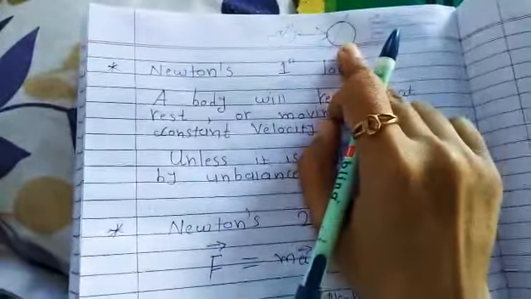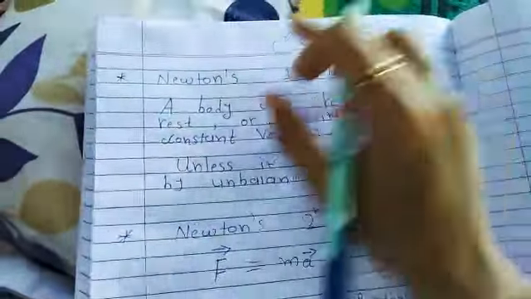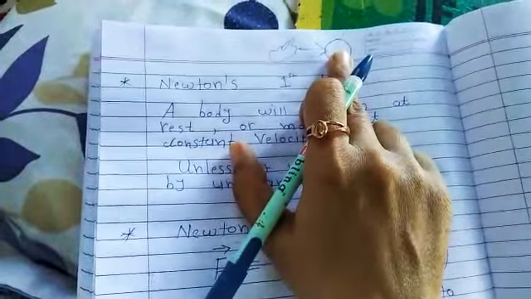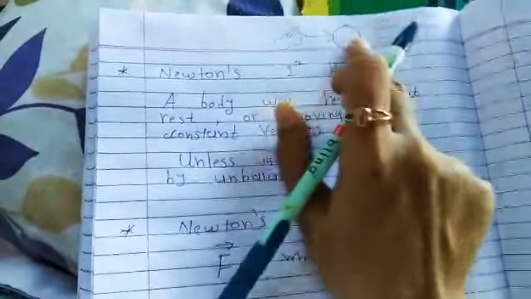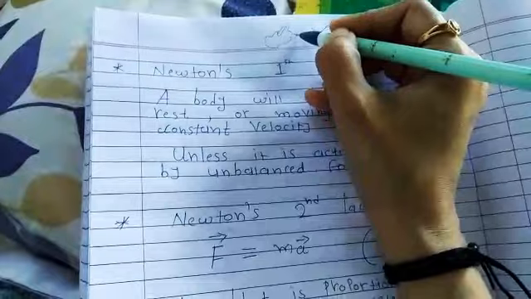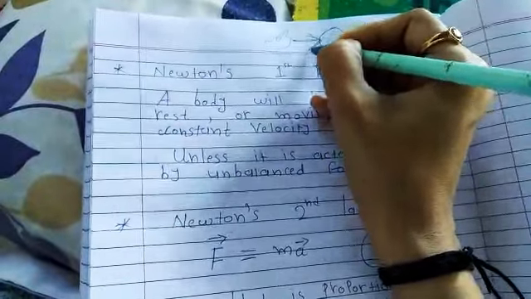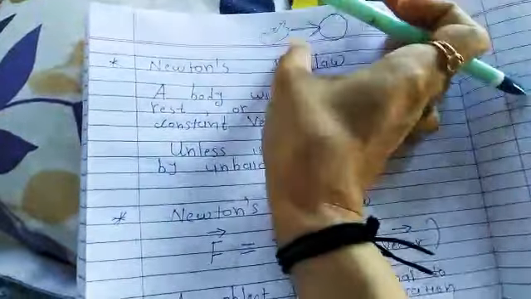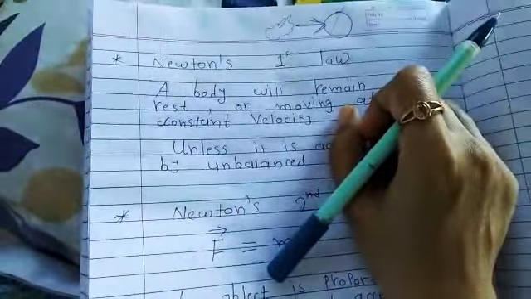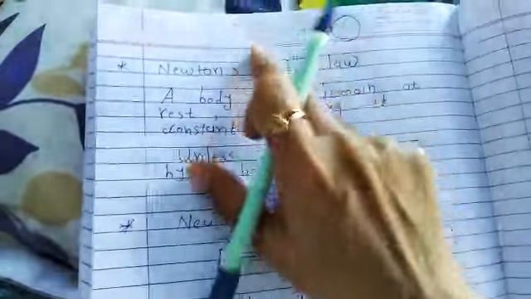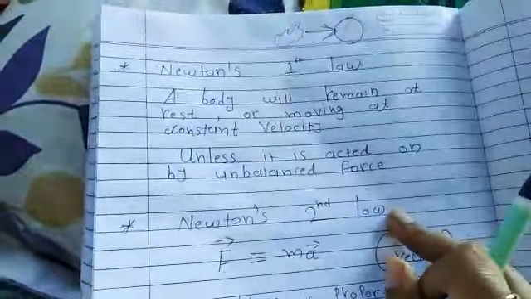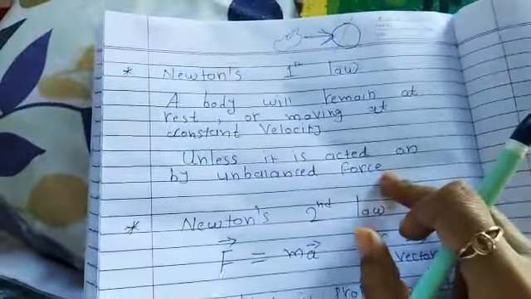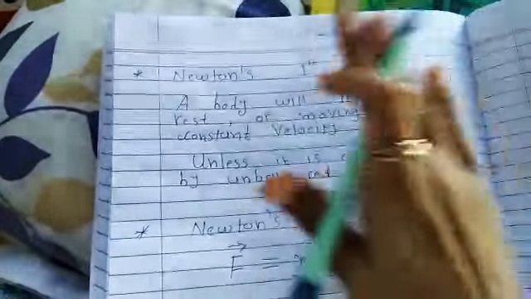Because of the force applied by the hit on the earth, the axis is tilted somewhat. So what is this? This is an unbalanced force, right? So this is the first law of Newton.